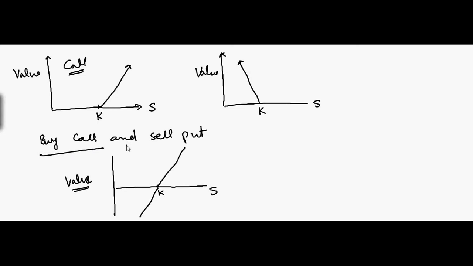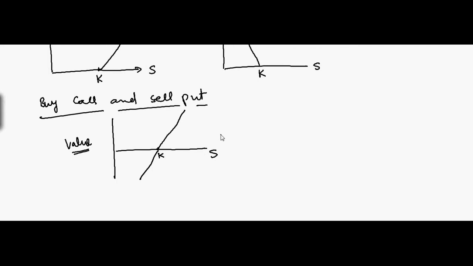Now if you look at this chart carefully, this is equivalent to buy stock at price k. So this is obvious, right? Because your value increases when the stock price goes up, and it decreases when the stock price goes down.